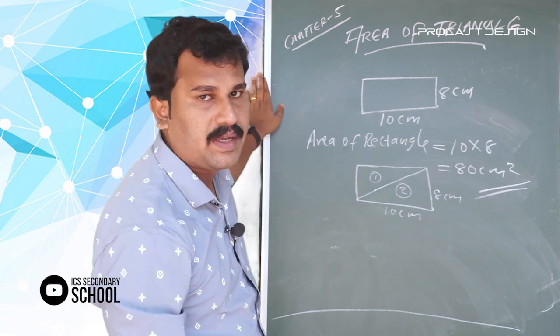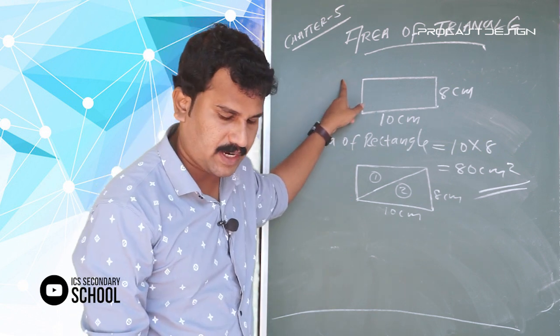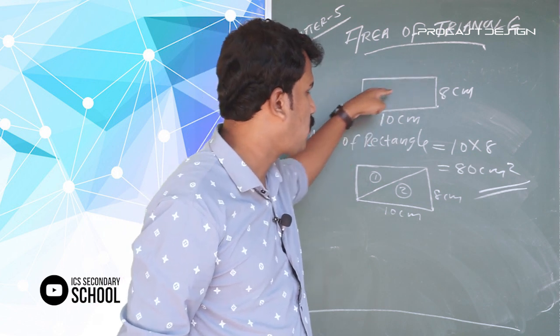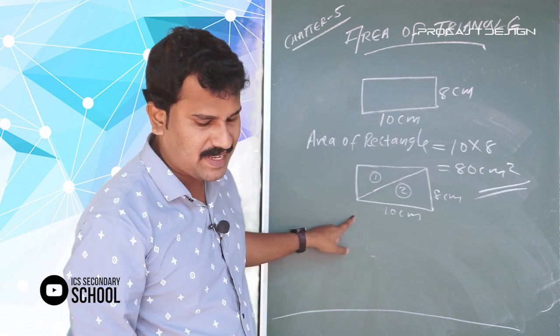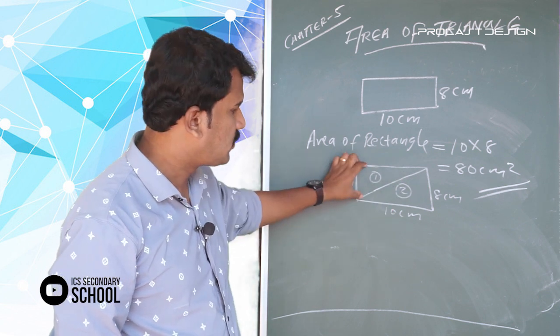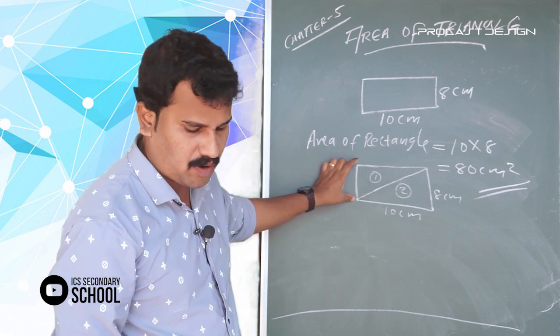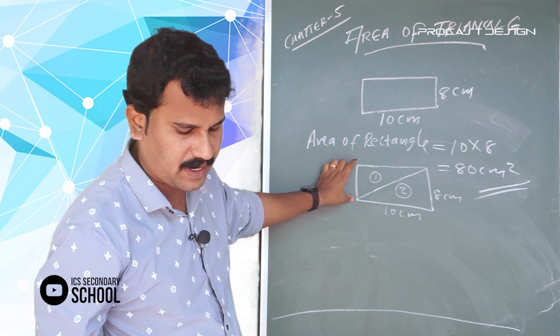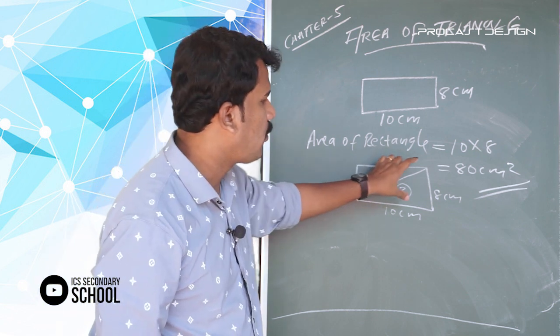The area of a triangle is half the area of the rectangle.